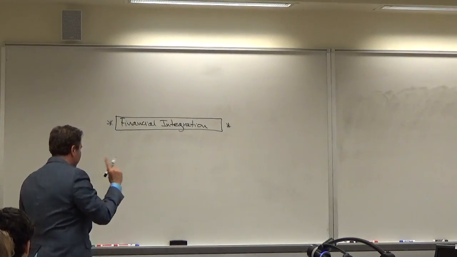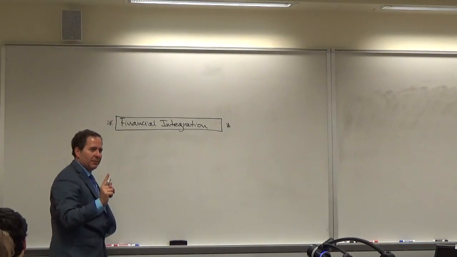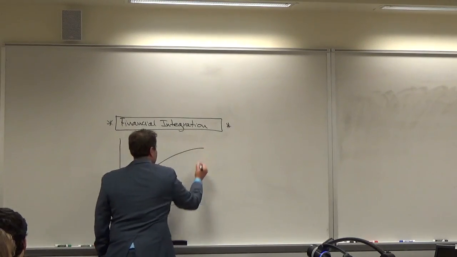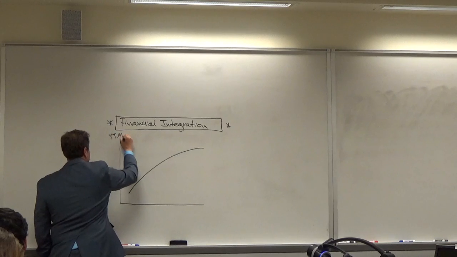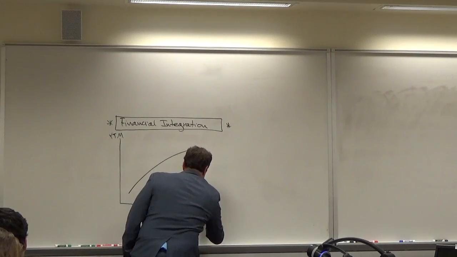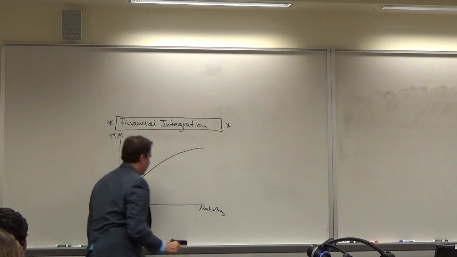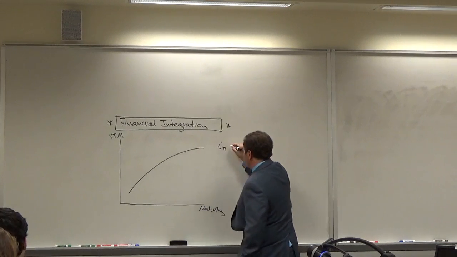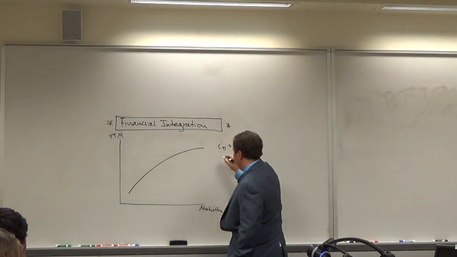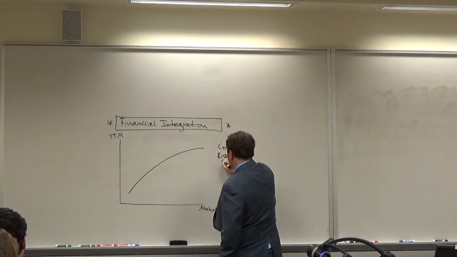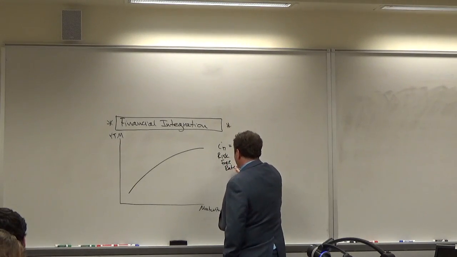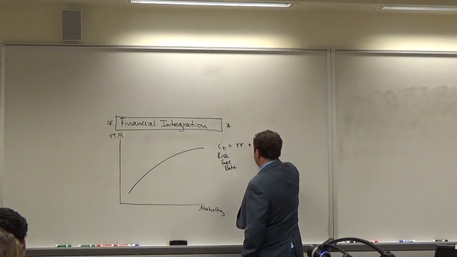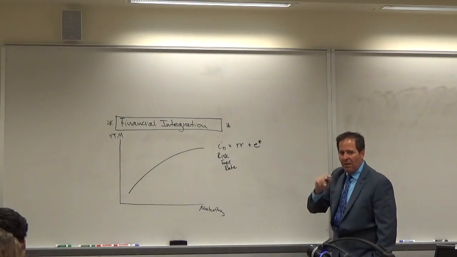So the first step is understanding yield curves, and we've already done this. We know that the yield curve is upward sloping. You have the yield to maturity, and you have maturity. We know through the Fisher equation that nominal interest rates, which are also called the risk-free rate, are real rates of return plus inflation expectations.